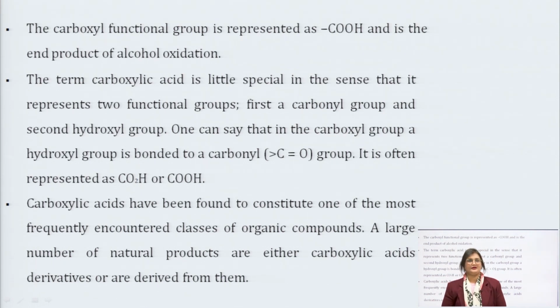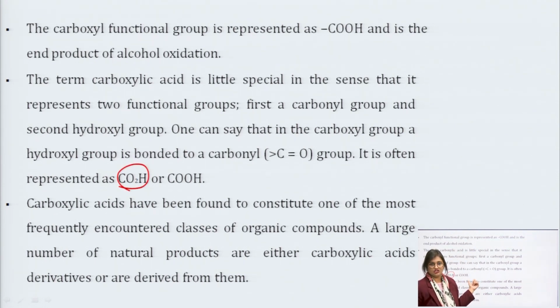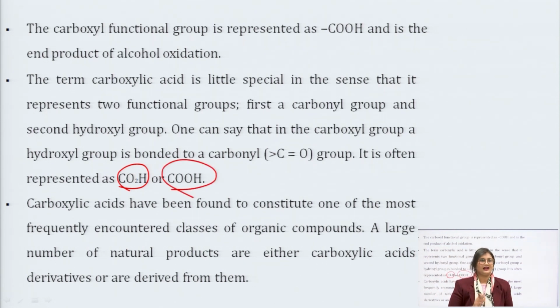It is often represented as CO2H or COOH. Carboxylic acids constitute one of the most frequently encountered classes of organic compounds. A large number of natural products are either carboxylic acid derivatives or are derived from them.